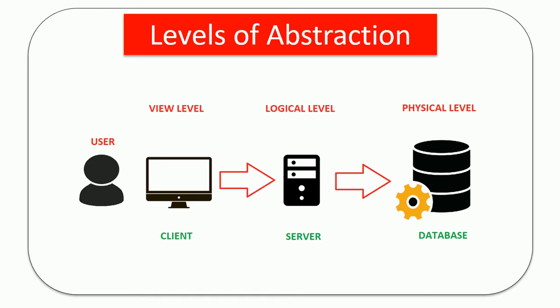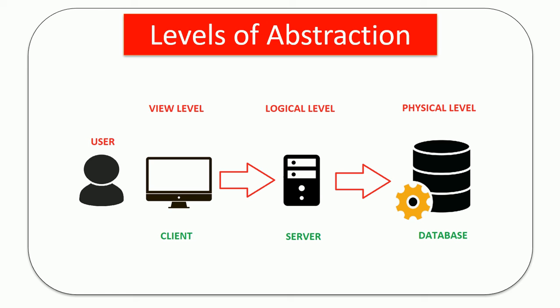So with respect to all these details, it will check whether the user is authorized, authenticated to access this data. If it is yes, then this server might be able to get the data from the database that exists in physical blocks of data, that is bits and bytes of data.